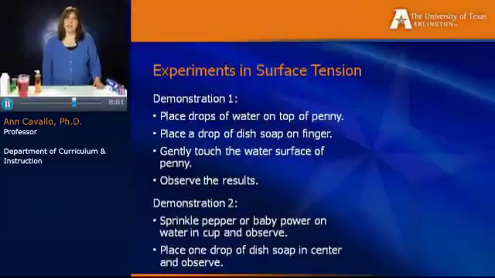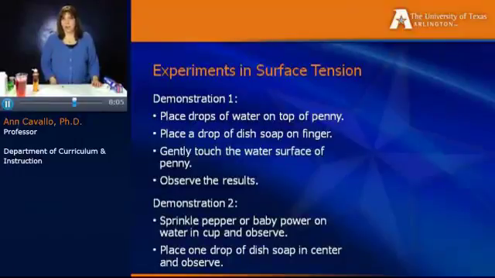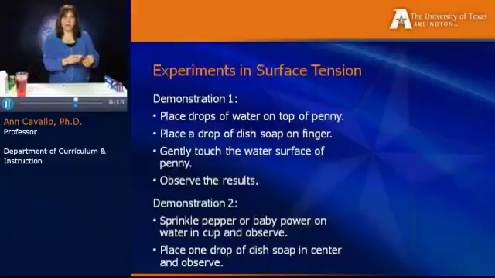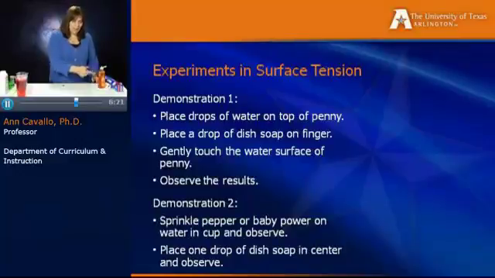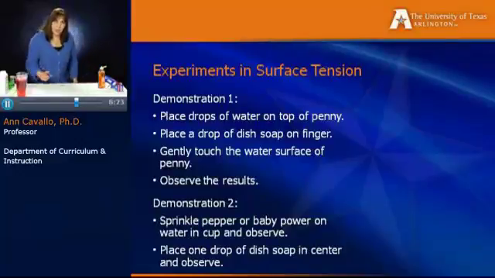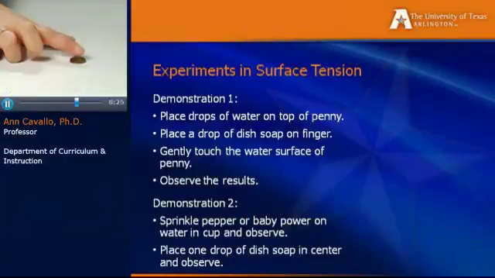For another application, you'll need dish soap, your penny, water, and the eyedropper. For this one, we play with surface tension. Make sure you have or that you remake the bubble or dome of water on your penny, as many drops as you can fit on it. Now you need to get some dish soap and put a drop of dish soap on your finger. Now gently touch the surface of the bubble with your soapy finger.